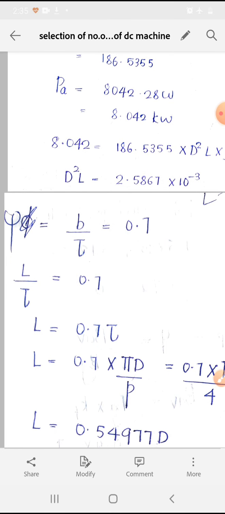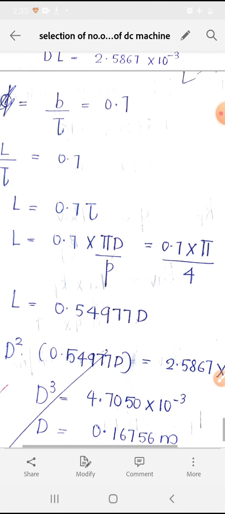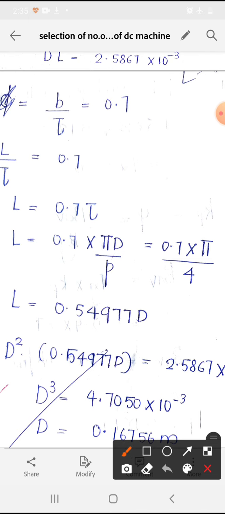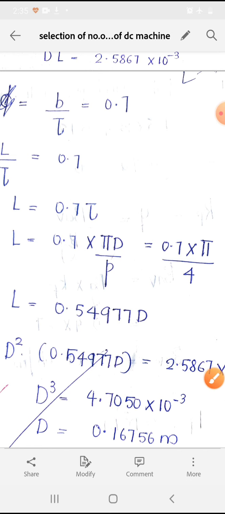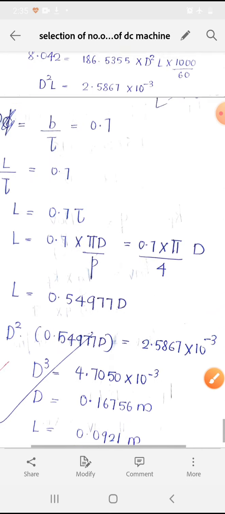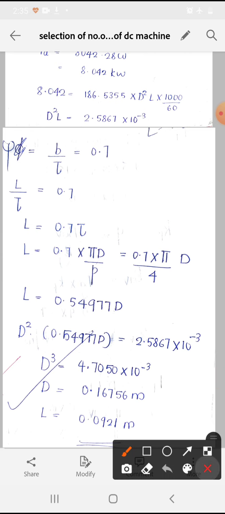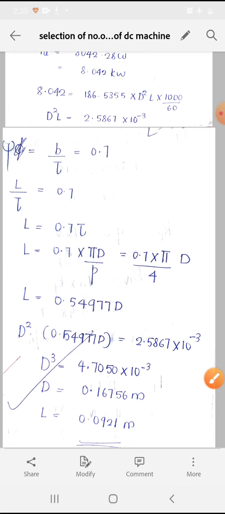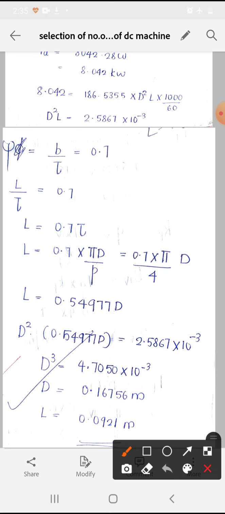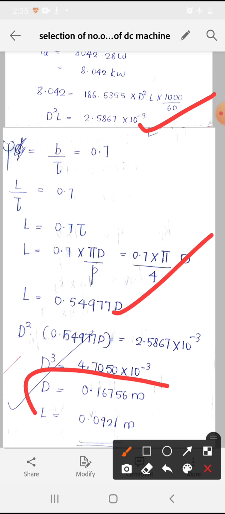So L is equal to psi into tau. In the question psi is given as 0.7 and tau is equal to pi D by P. P in the question is given as 4. So substituting all these values, we will get an equation for L, and solving equation 1 and equation 2, we will get the value of D and L.